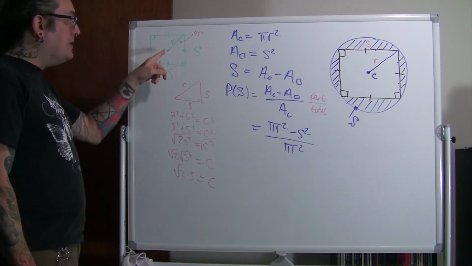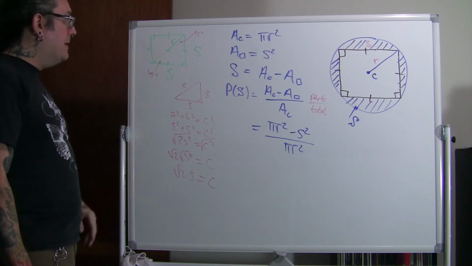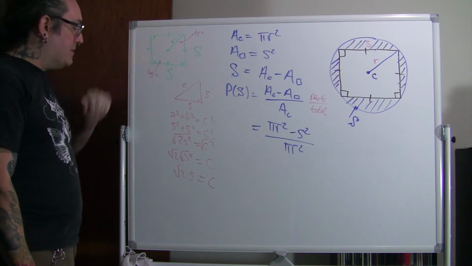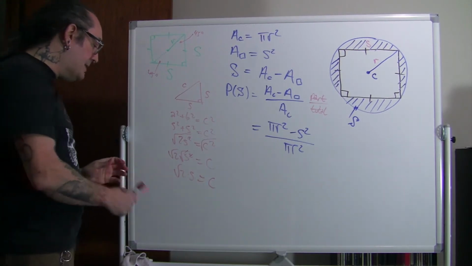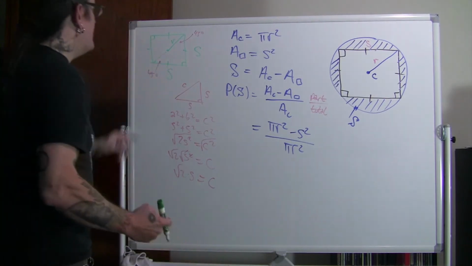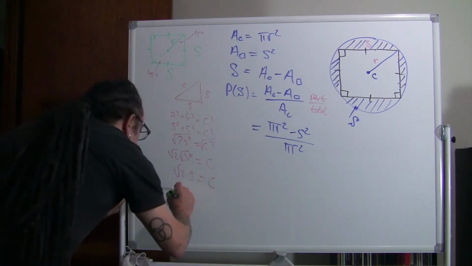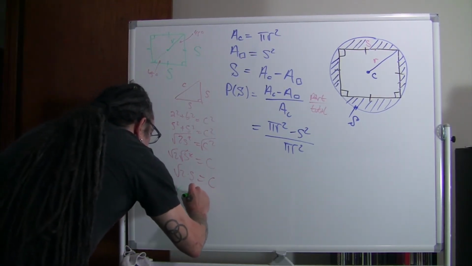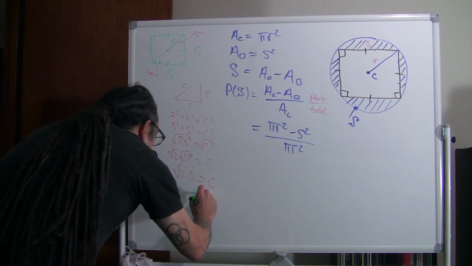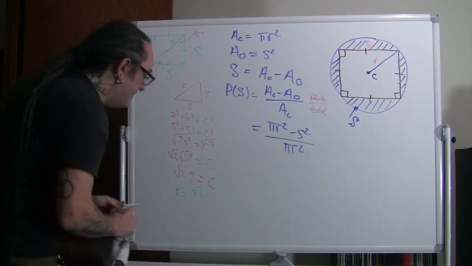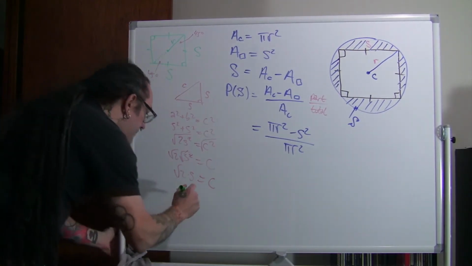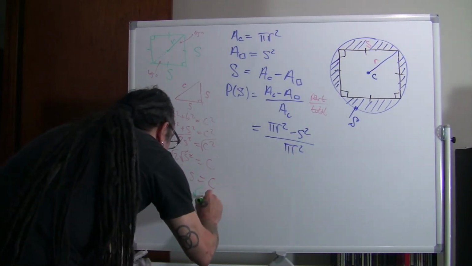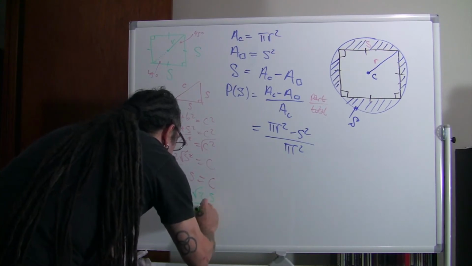Well, r, from the corner to the center of the circle, is half the length of the diagonal. So once I know this, I can easily say that little r equals square root of 2, my bad, is root 2 times s over 2.